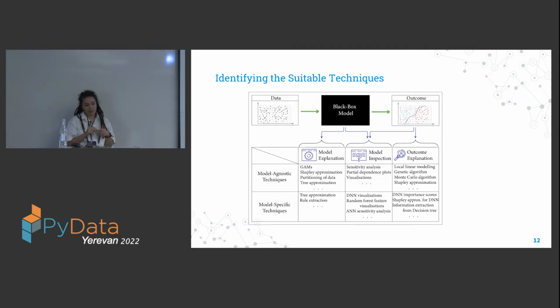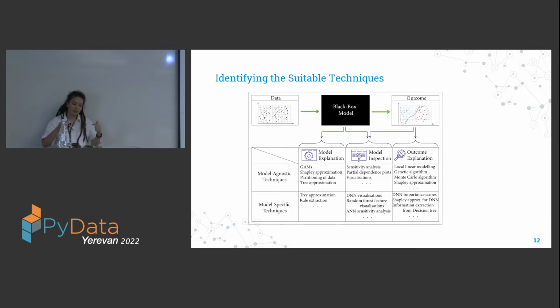Model explanation techniques give explanation of the logistics of the models, how the weights are distributed, and how the models work internally. It usually works this way: let's say we have a neural network, a very complicated model, and we use a simpler model, for example a simple decision tree, to track how that neural network made the decision at each state.